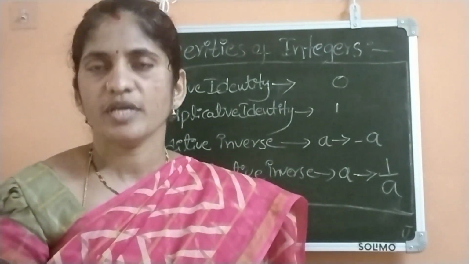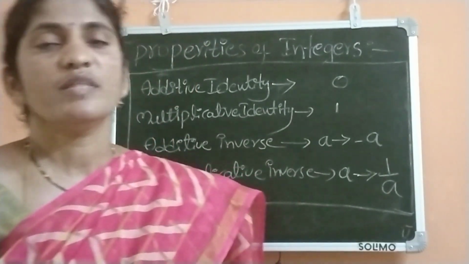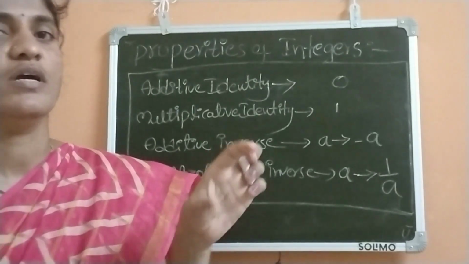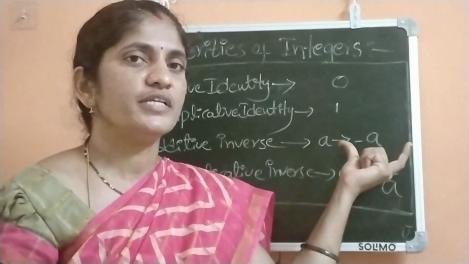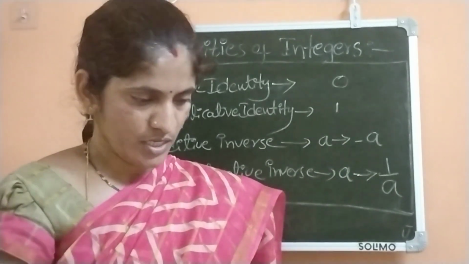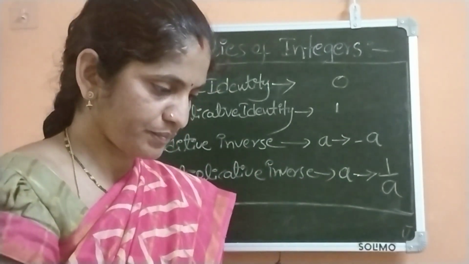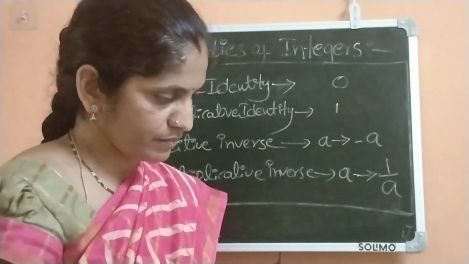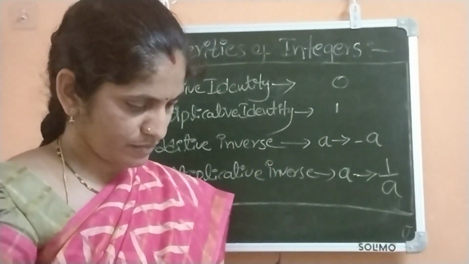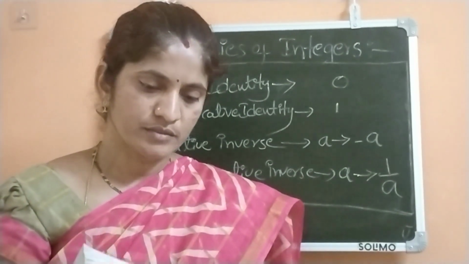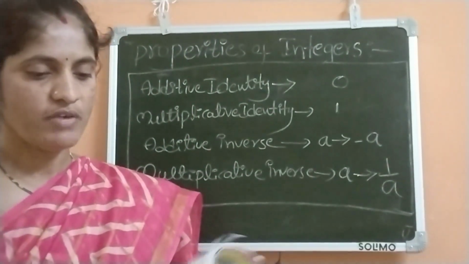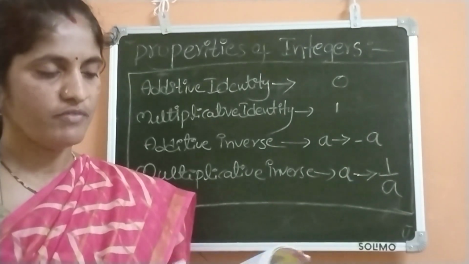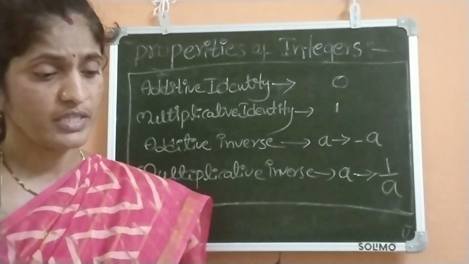So these are the identities and inverses. Next, in the integer system, 1 by a is not an integer, so multiplicative inverse in the integer system is not possible. Okay, this is the deep explanation of the properties of the integer system.